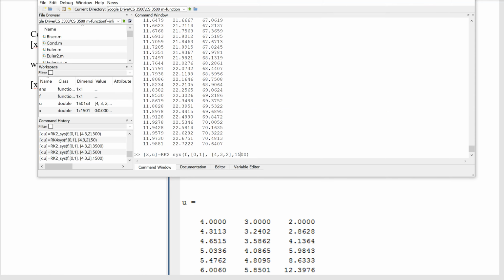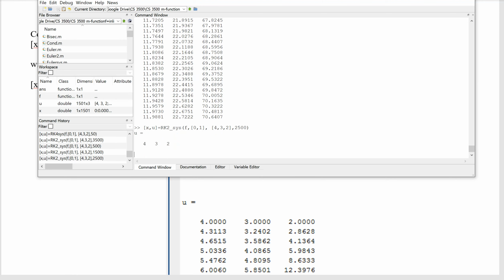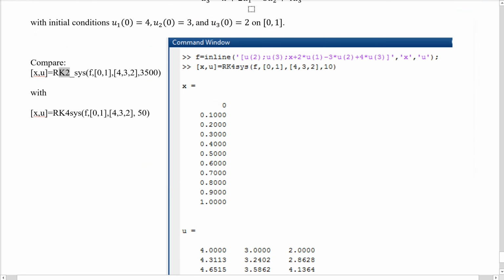You actually really need to get, let's do 2,500. 6408. See, it actually needs around 3,500 subintervals to get the same accuracy as the 50 subintervals in the RK4 method.